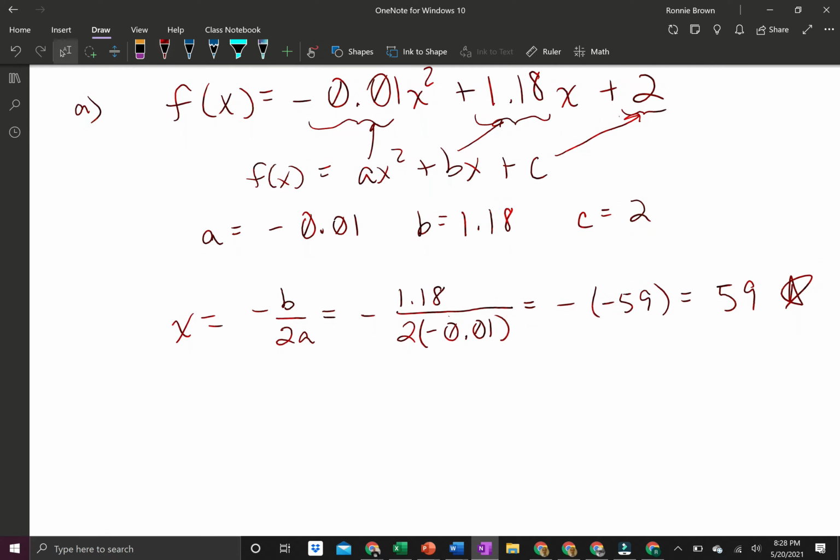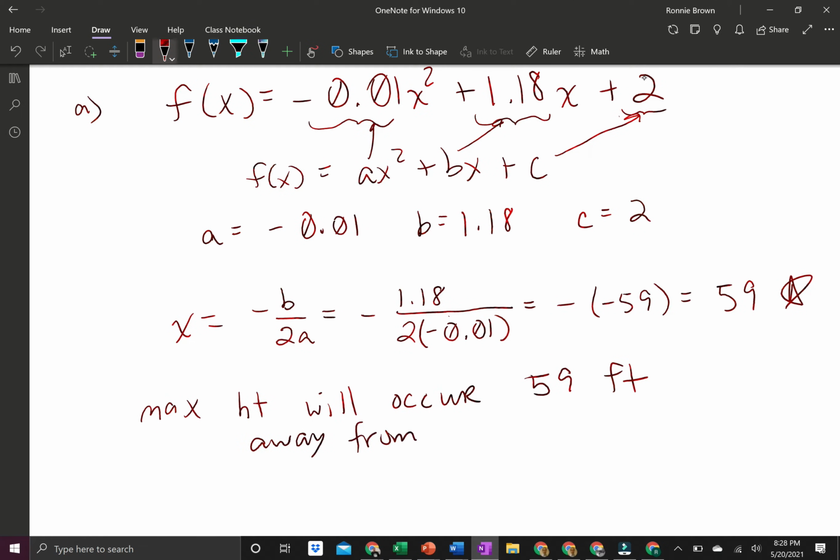So whatever that maximum height is that the ball reaches, that maximum height will occur 59 feet away from the kicker, right? Because we just found that to be that x value of where the vertex will be. So therefore, it's 59 feet away from the kicker.